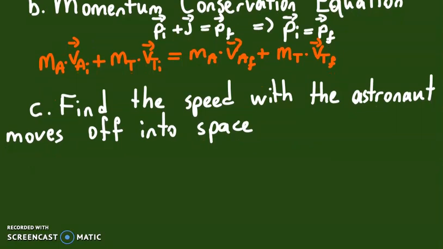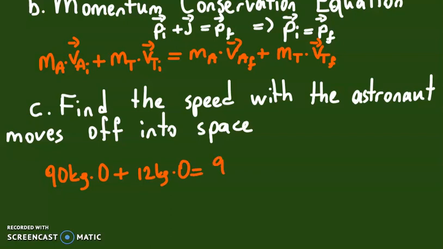Mass of the astronaut is 90 kilogram, and velocity of the astronaut initially is 0, plus mass of the tank is 12 kilogram, and velocity of the tank is 0.